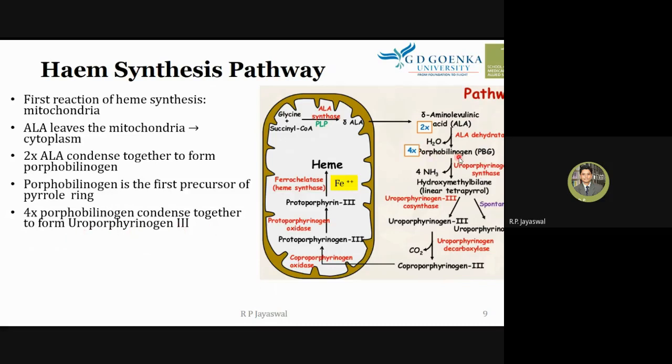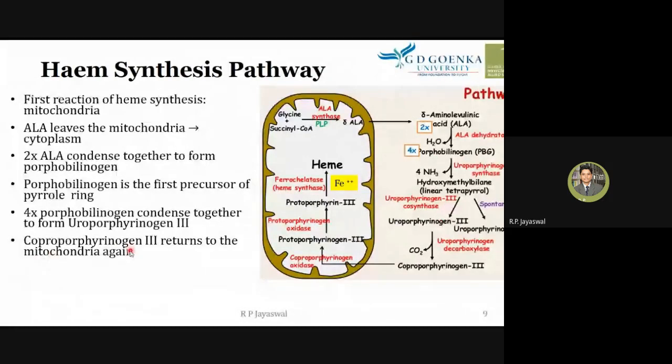So porphobilinogen becomes uroporphyrinogen III through one intermediate compound and two enzymatic reactions. Two enzymes are involved: the first enzyme, uroporphyrinogen I synthase, and the second enzyme, uroporphyrinogen III cosynthase. These two enzymes are involved in making uroporphyrinogen III from porphobilinogen.